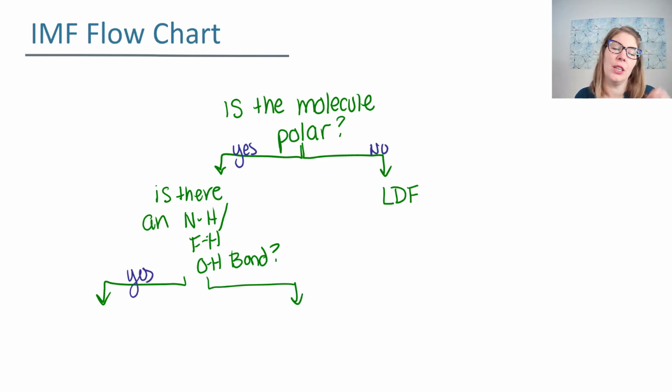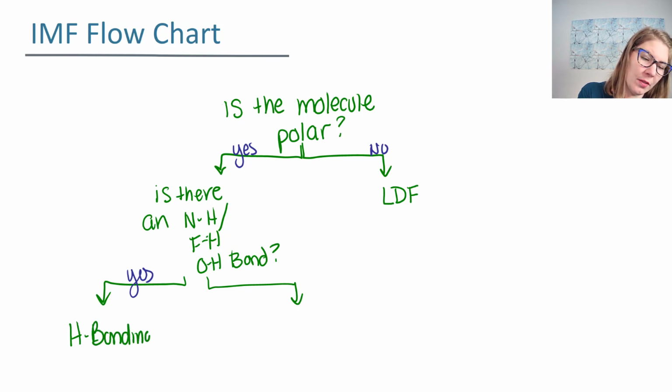If your molecule is polar and has an OH, NH, or FH bond in it, then the greatest intermolecular force that you can experience for that molecule is hydrogen bonding. Whereas if your molecule is polar, but there is no OH, NH, or FH bond, then the strongest intermolecular force that that molecule can experience is dipole-dipole.